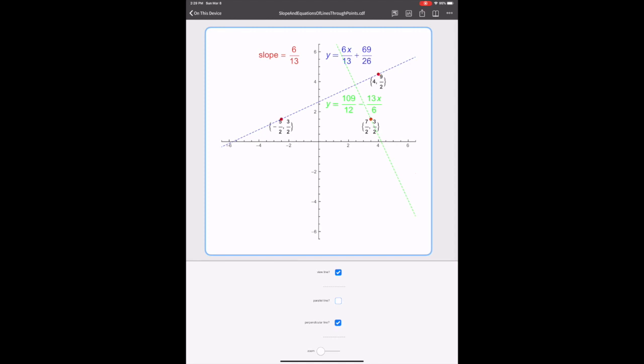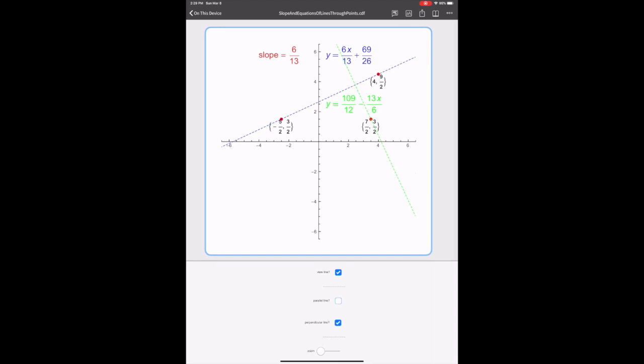So we would need one slope to be positive and one to be negative, unless we're talking about vertical and horizontal lines, right? The negative part of negative reciprocal just means the opposite sign. And then reciprocal, back to fraction land, right? So instead of 6/13, that reciprocal would be 13/6, but we don't just want the reciprocal, we want the negative reciprocal, so that's where we get the negative 13/6 from.